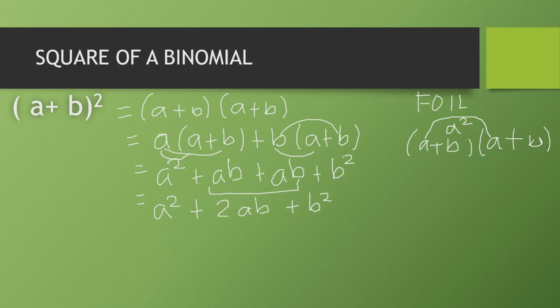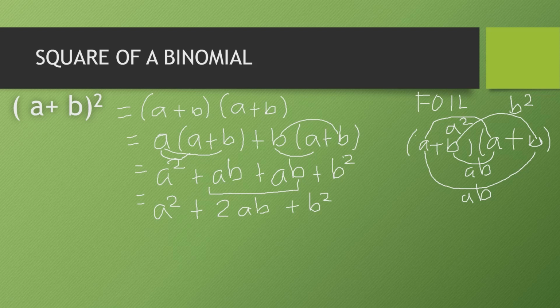Then, O, the outer term, A multiplied by B, that is AB. Inner term, B times A, that is AB. Then, B times B for the last term, that is B squared.